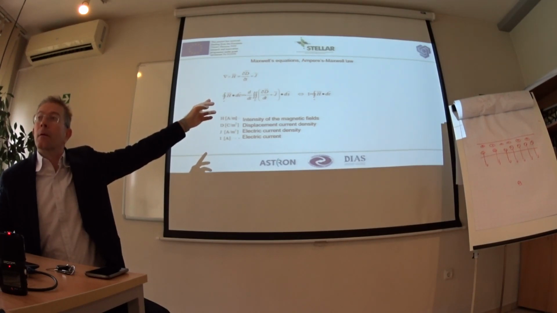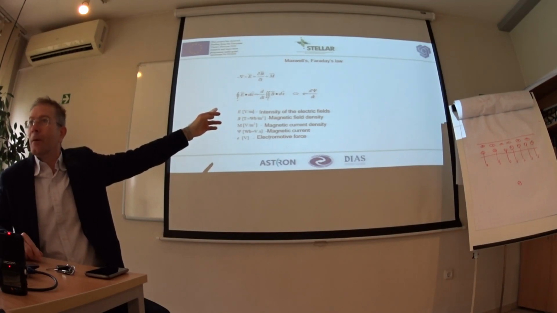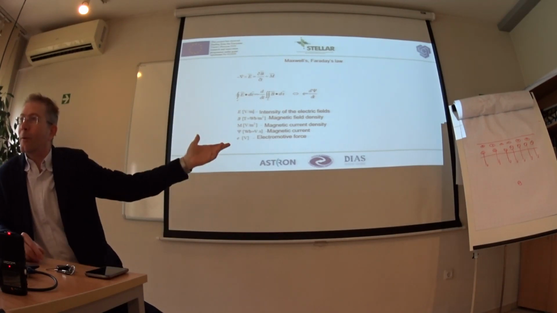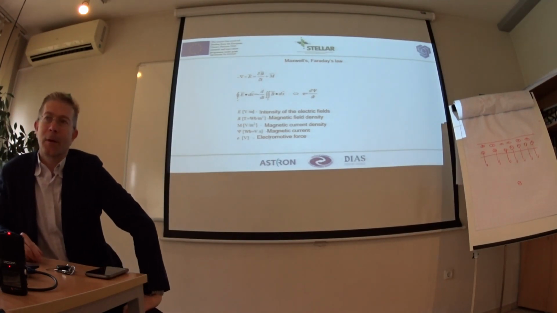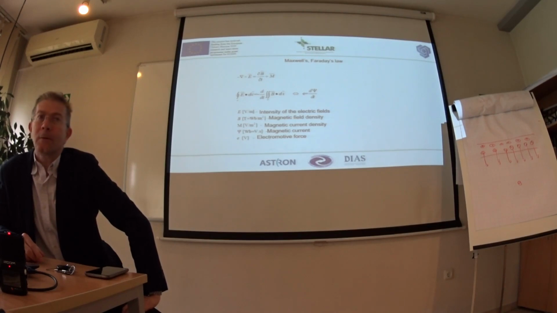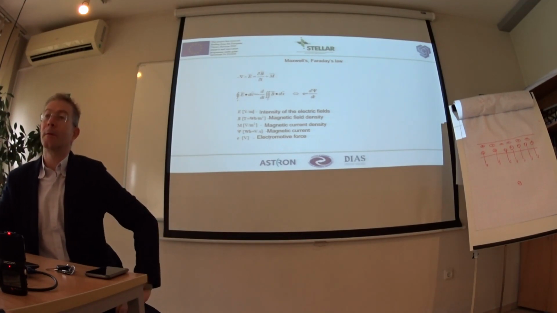Electric current. Electric current, exactly. And what is N here? Magnetic. Exactly, magnetic current, which we cannot observe with our current measurement means, but Maxwell added it for full symmetry of the equations.